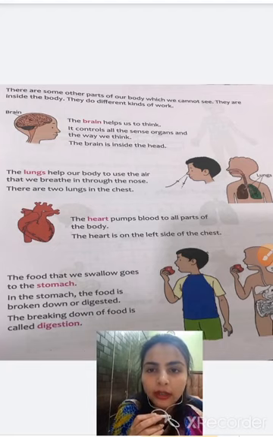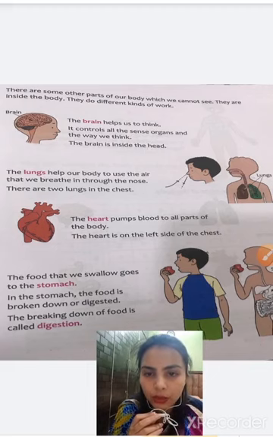They are inside the body. They do different kinds of work. The brain helps us to think. It controls all the sense organs and the way we think. The brain is inside the head.